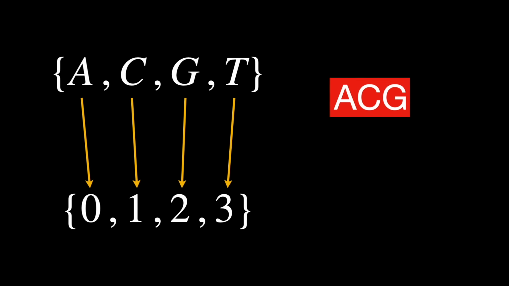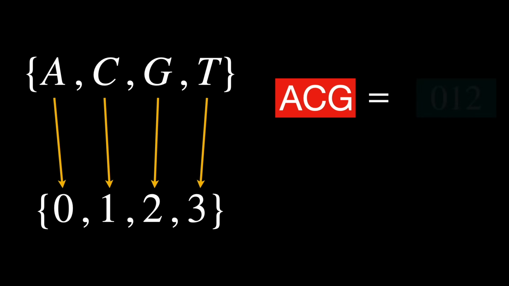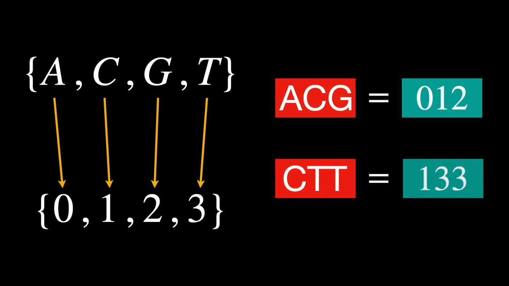For DNA, the alphabet has 4 letters, so we map them to the 4 digits 0, 1, 2, 3. Then the genotype ACG becomes the digit string 0, 1, 2, and CTT becomes 1, 3, 3, and so on. Now we can treat every genotype as a base 4 number, and this allows us to use tools from combinatorics and number theory to study them.